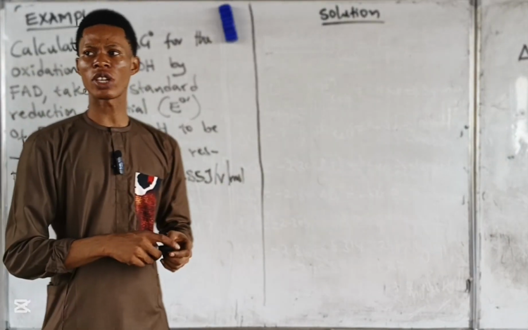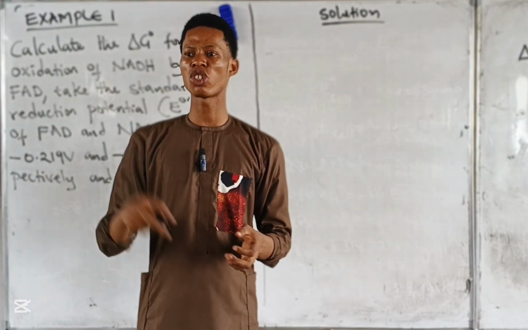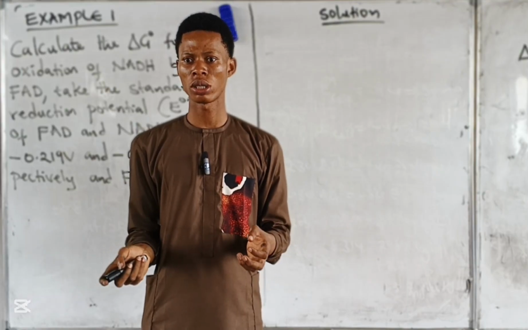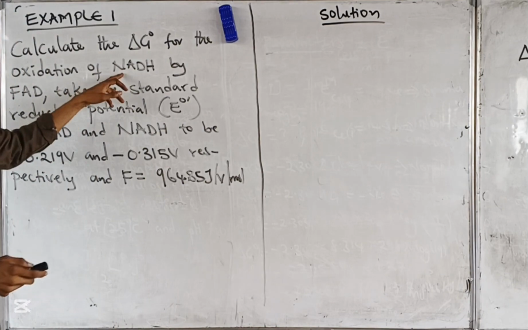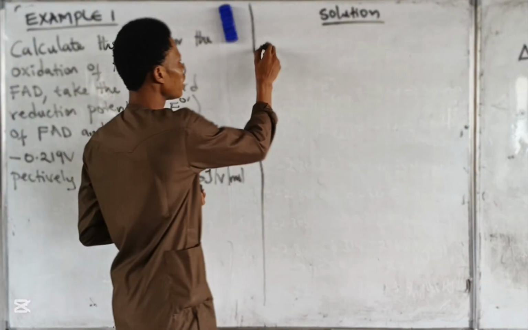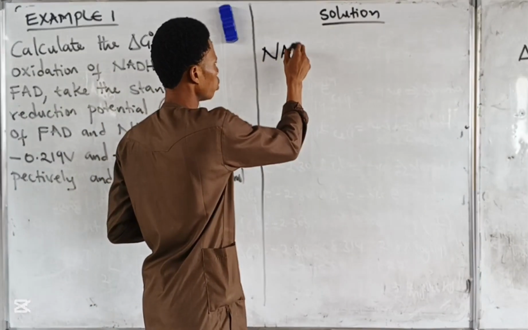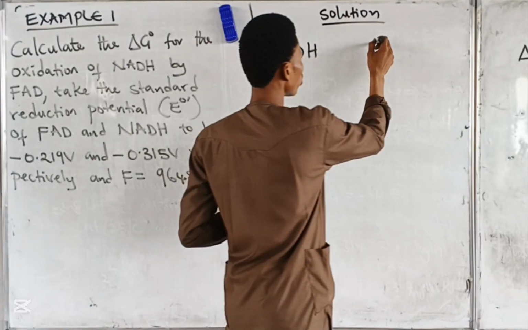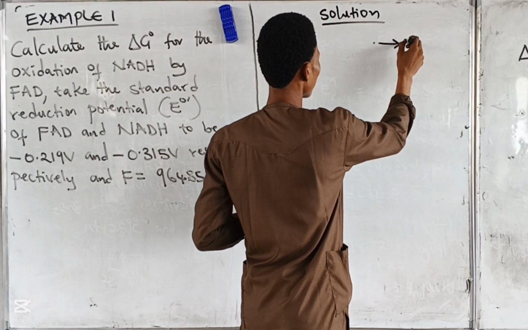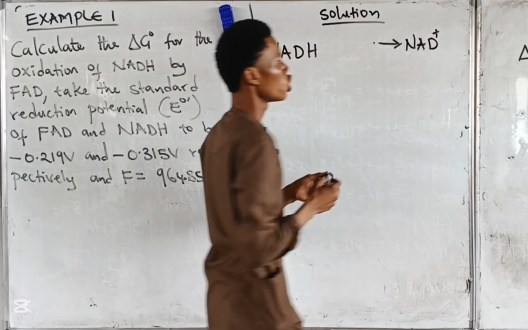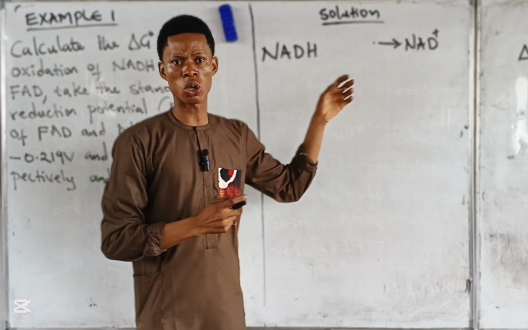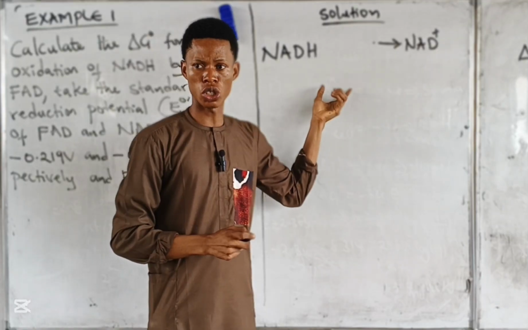Now, from your knowledge of chemistry, oxidation is the removal of hydrogen, right? Now, oxidation of NADH means on the product side we are going to remove hydrogen, to show that it has been oxidized, because oxidation means removal of hydrogen.